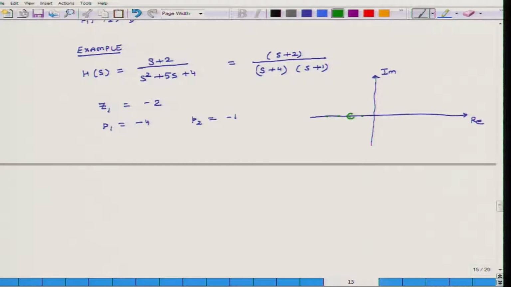I designate zero by this circle, and then I have two poles, one pole is at minus 1 and another pole is at minus 4. So, this is my symbol for pole. So, this is a pole zero plot.